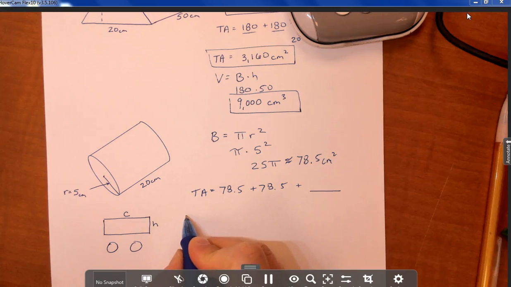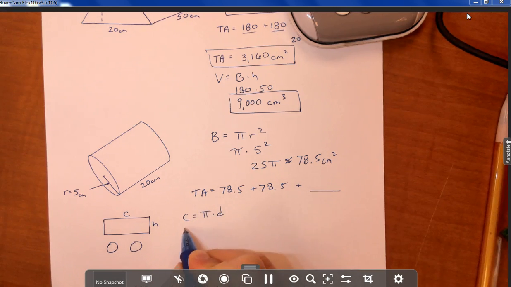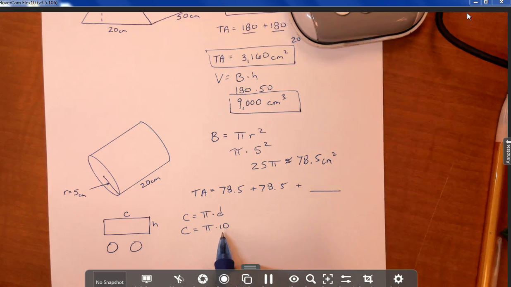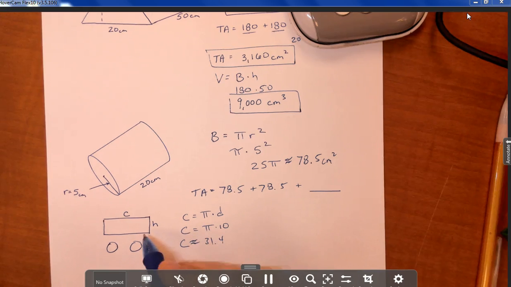Okay, so circumference, maybe you don't know, circumference is pi times the diameter. So pi again is 3.14. The diameter is twice the radius, so that's 10. So 10 times 3.14 would be 31.4 approximately, right? We've approximated pi. So there's circumference, but we want the area here.